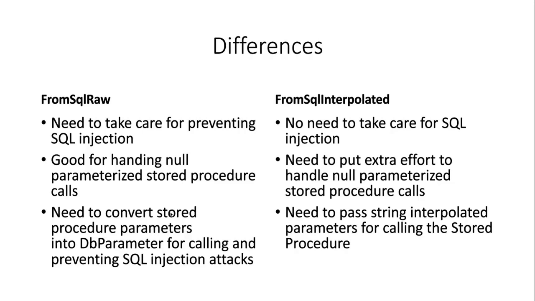And you can also search the same thing here: good for handling null parameterized stored procedures. So you can also put some effort into testing or implementing this kind of procedure in which we are passing null values, null parameters.